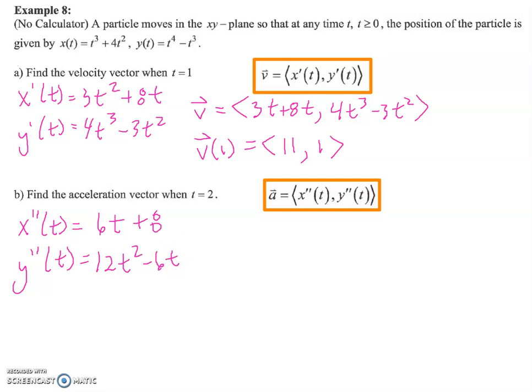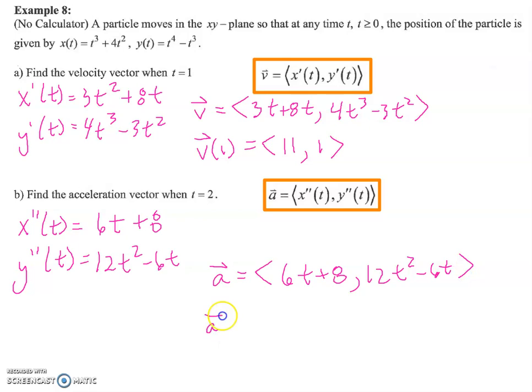So I can write the acceleration vector, and then I can show the acceleration vector evaluated at 2. So first let's write the acceleration. a vector symbol is equal to sharp point. So we have 6t plus 8, comma, 12t squared minus 6t.